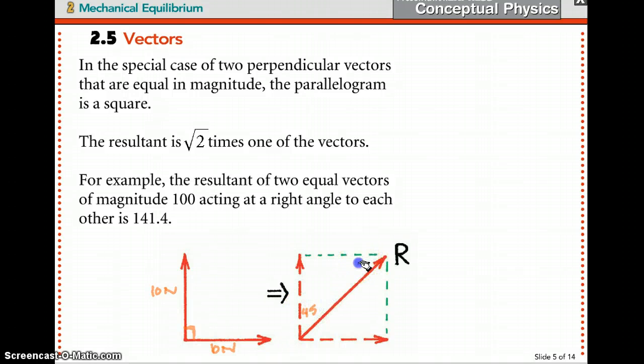The ratio of the sides are 1 to 1, and then the hypotenuse is square root of 2 times bigger. So to get the resultant here, we would take 10 newtons times square root of 2, so this resultant would be 10 times the square root of 2 newtons.